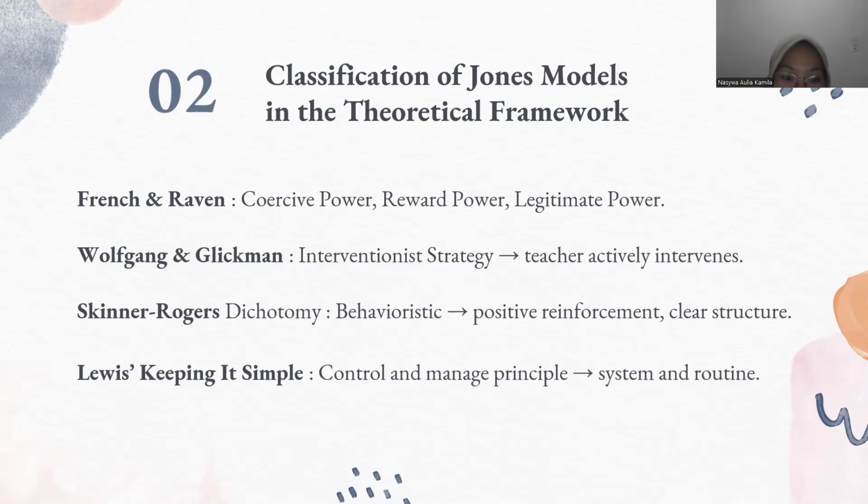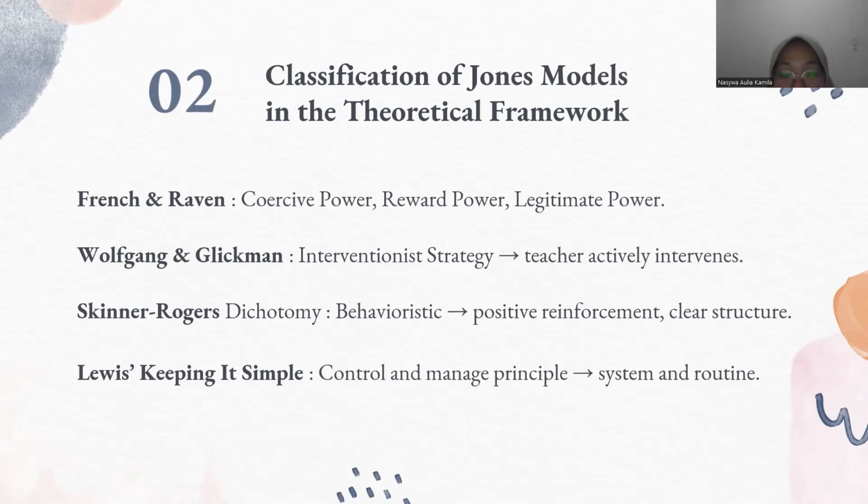And then finally, Lewis's keeping it simple framework highlights that classroom management should be simple, structured, and consistent. Jones agreed with this idea. He believed that teachers must create systems and routines so students behave correctly almost automatically without needing constant reminders.